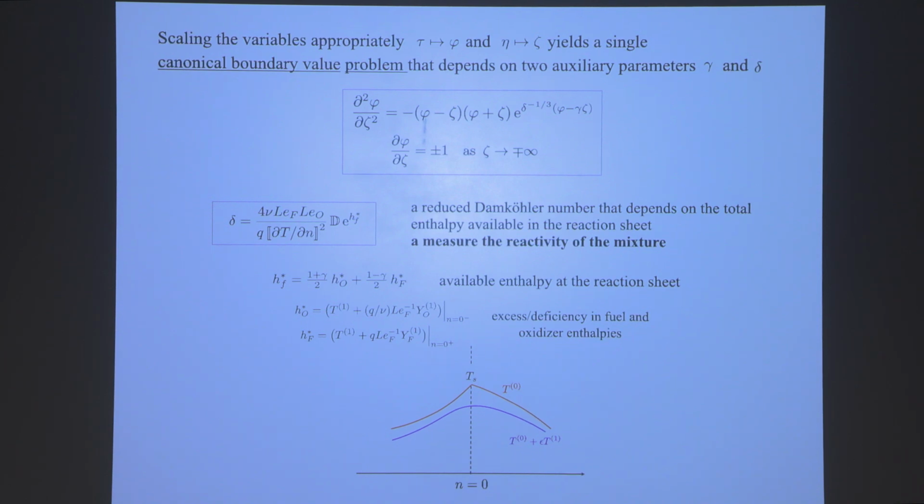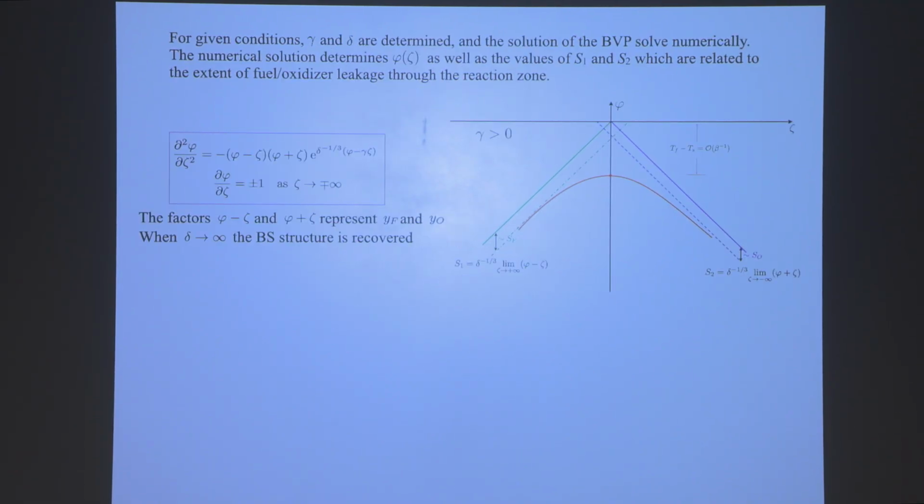In other words, how much incomplete combustion occurs. YF1, YO1 are essentially proportional to the amount that leaks through, and T1 is the drop in flame temperature. So if I know those parameters, I can integrate the problem numerically. It cannot be done analytically, you do it numerically, but it's a simple ODE, and you can do it for a variety of delta and gamma, and basically that's the type of curve that you get that satisfies those slopes.